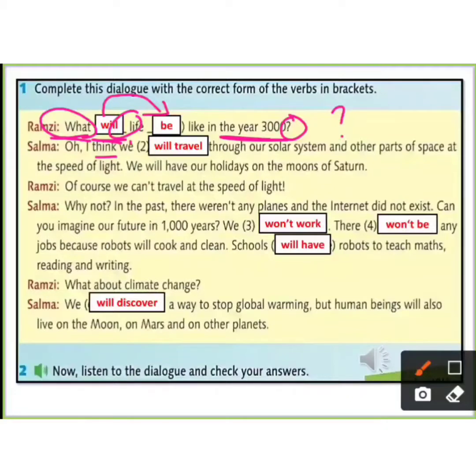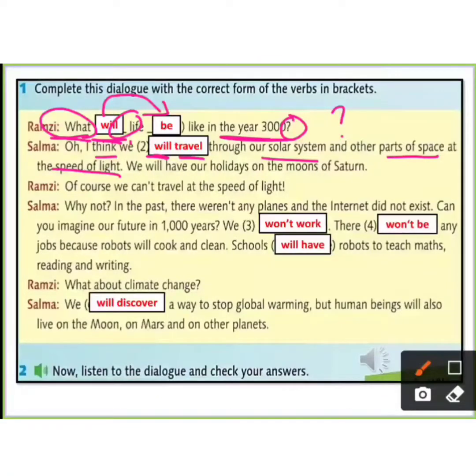I think we will travel. إذن she used will plus infinitive verb travel. Yes. Through our solar system and other parts of space. رح نسافر through our solar system نظام الشمسي and other parts of space at the speed of light بسرعة الضوء.